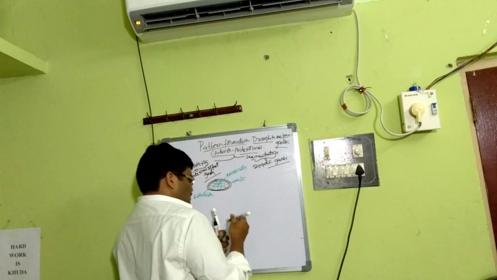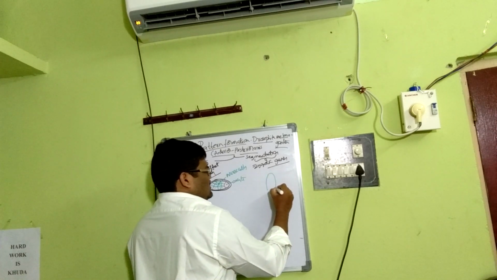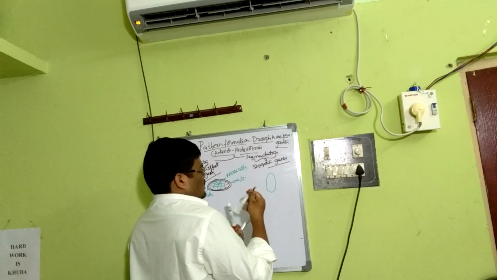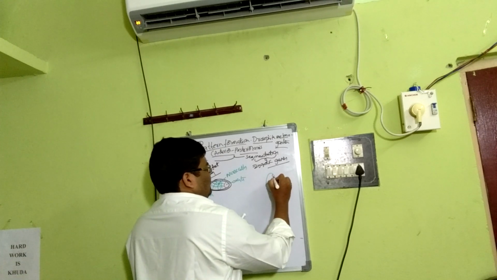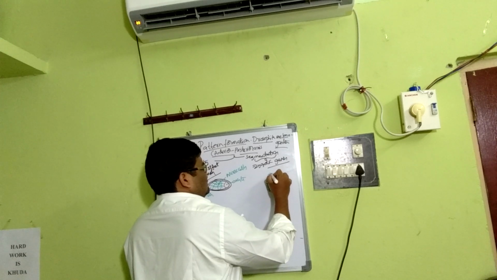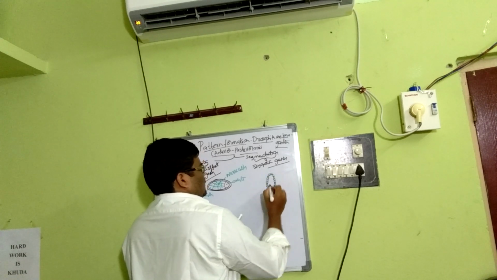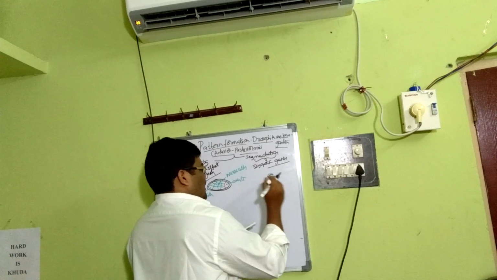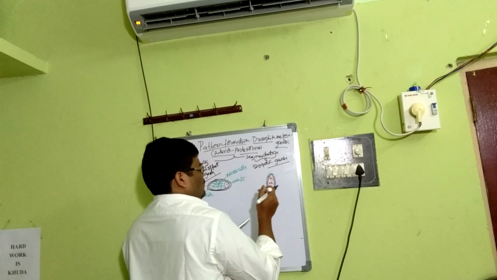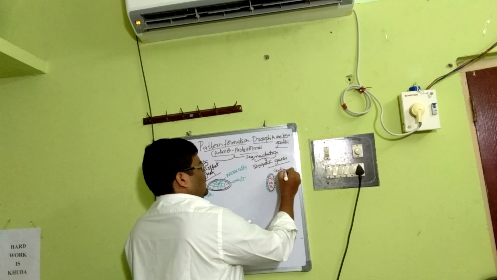After fertilization, it is a sausage-shaped egg, in which the periphery will be occupied by the cells, the syncytial blastoderm, and in the center there will be yolk. These are centrolecithal eggs.